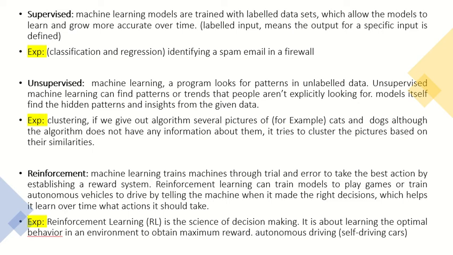For example, when we give the machine different photos of dogs and cats, the machine should find similarities and differences between these pictures and put them in different categories based on their similarities. And after finishing the training process, when I give the machine a new picture, it should be able to recognize to which group our new data belongs, and it is an unsupervised machine learning model.